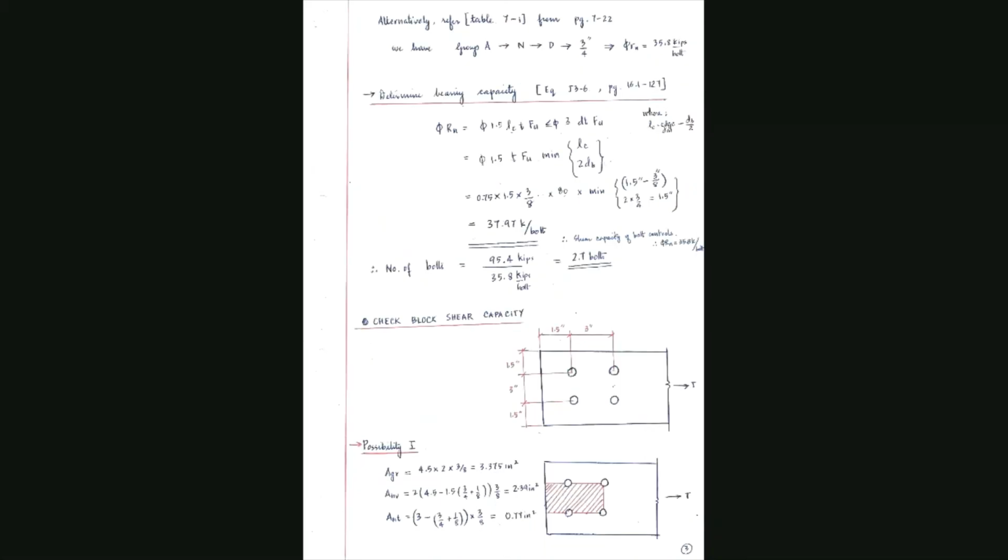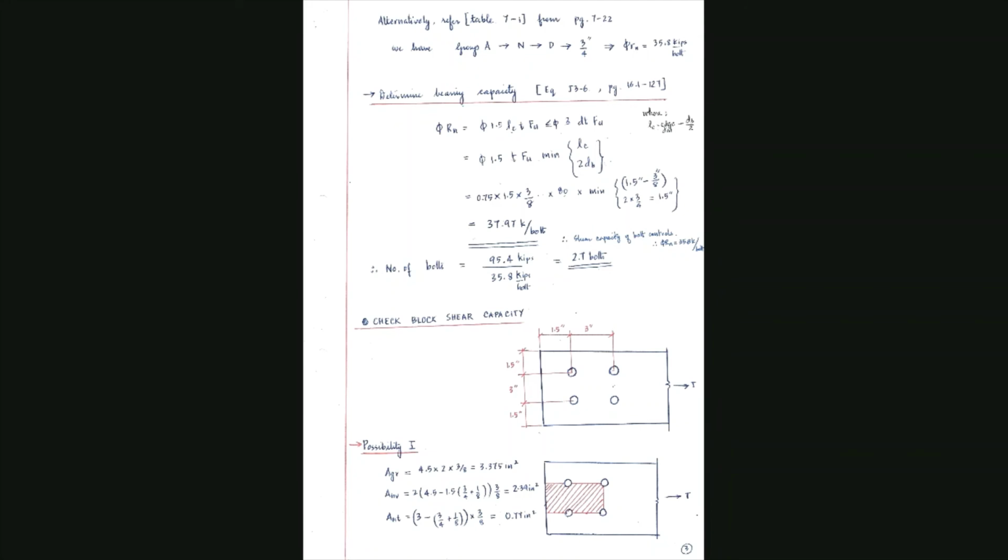Now let's find the capacity based on bearing capacity. In the previous part there is a table in page 722 where you can find the value of one bolt directly. You pick group A, then type N, and then double shear, and for this diameter of the bolt you can get this directly.